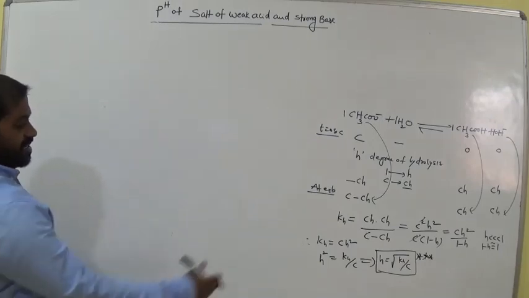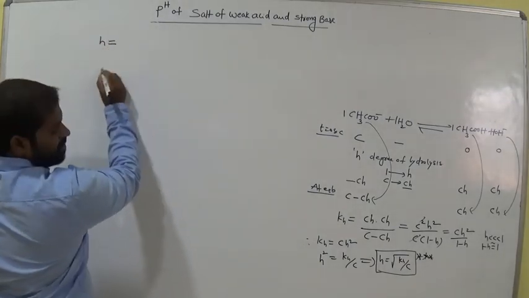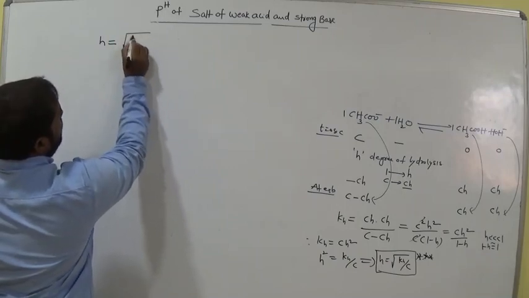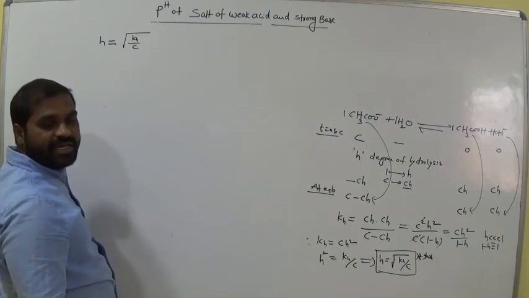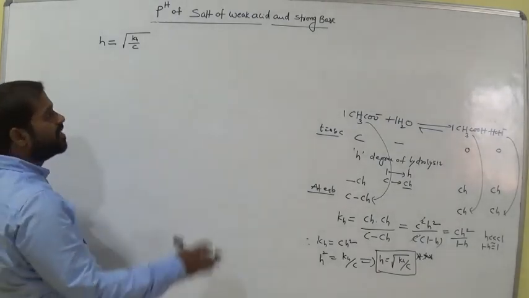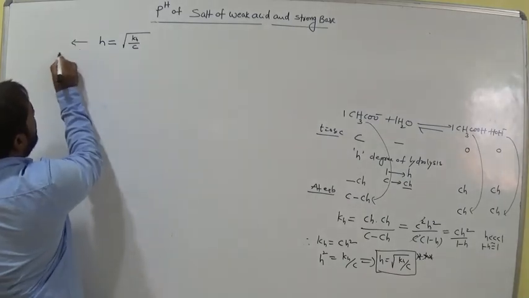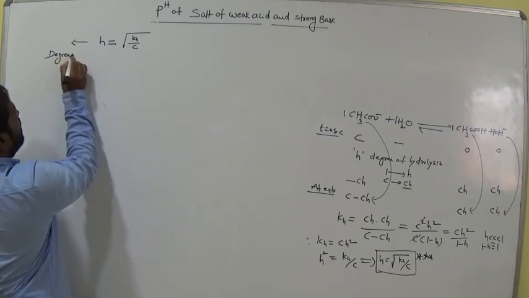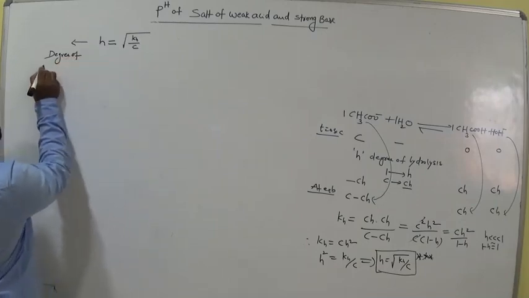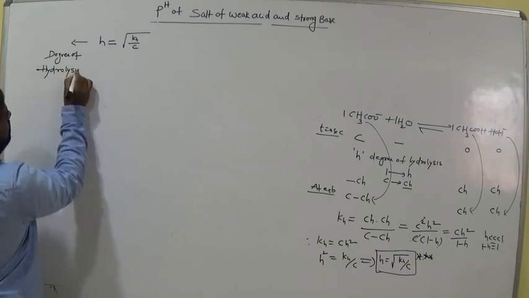Okay, let's see. So now h equals square root of Kh by C. Am I right? Is it okay? And now this is the relation where h is the degree of hydrolysis.